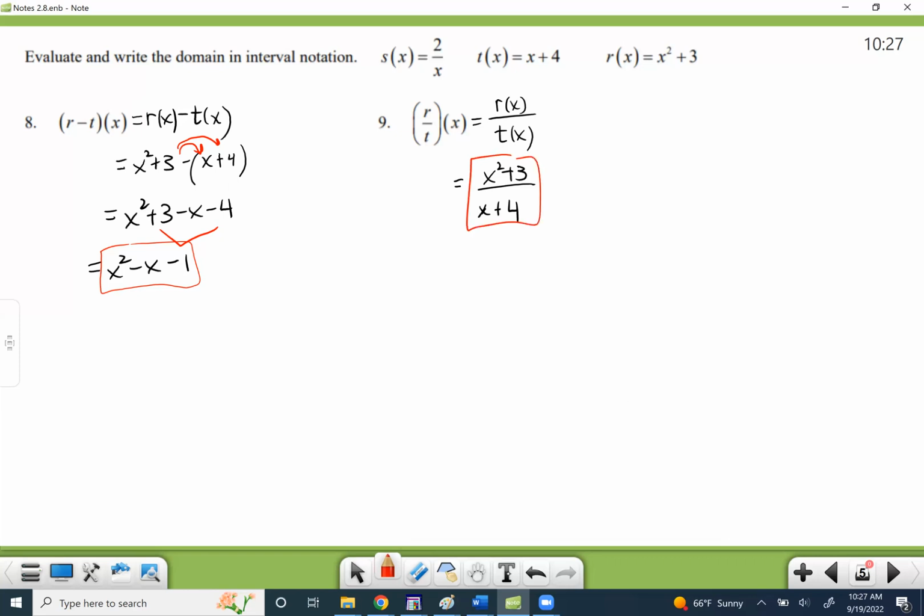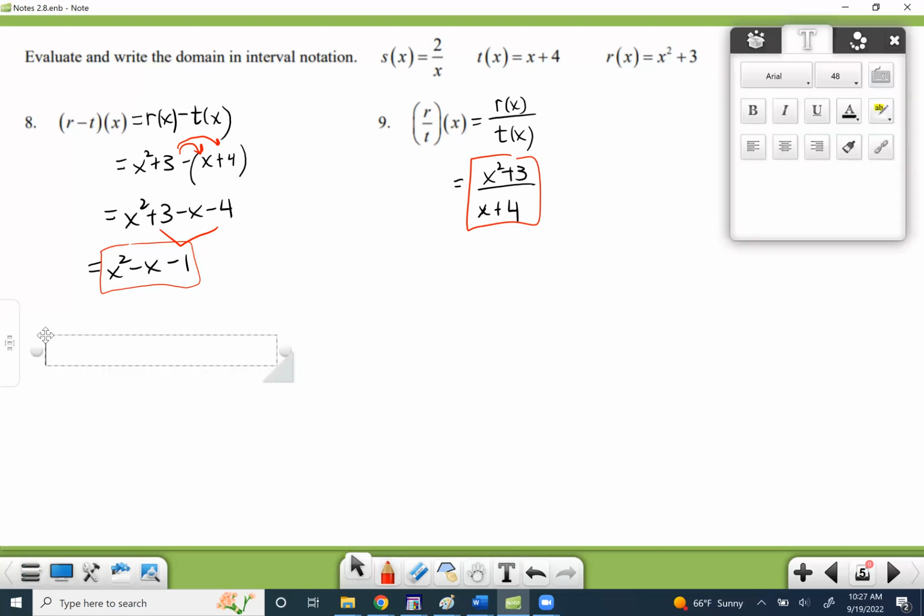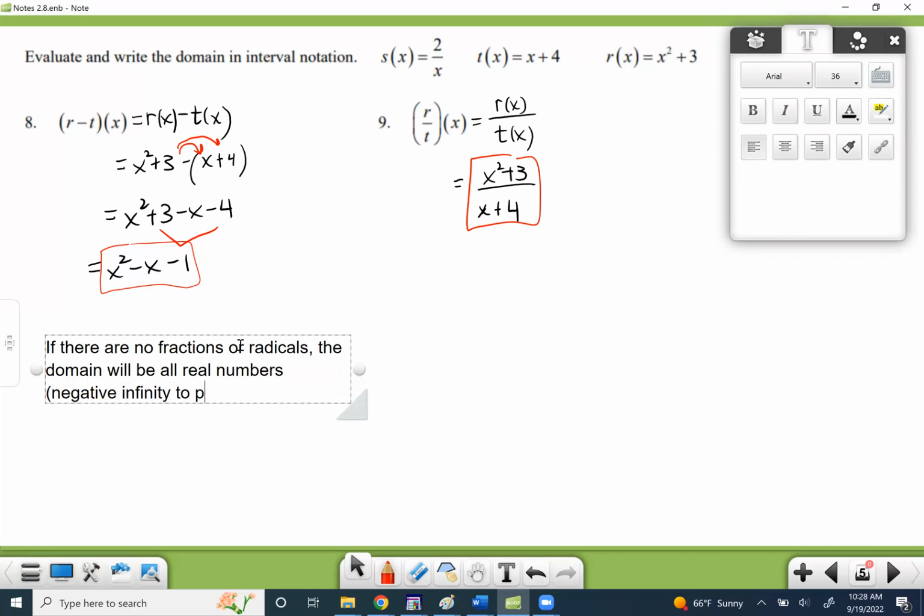So here's the moral of the story, you guys, at least for right now. If there are no radicals or no fractions, then the domain will always be all reals. If there are no fractions or radicals, the domain will be all real numbers, or negative infinity to positive infinity, if it's interval notation.